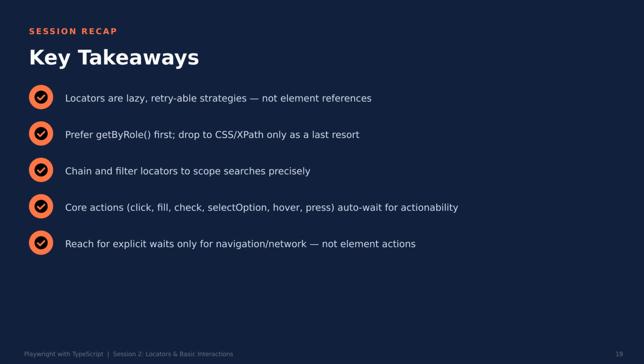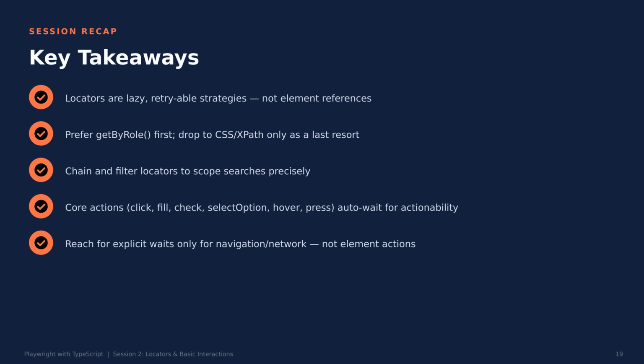Let's recap. 5 things. Locators are lazy, retry-able strategies. They are not references to elements sitting in memory. Prefer getByRole-first always and only drop down to CSS or XPath as a genuine last resort. Chain and filter locators to scope your searches precisely, rather than hoping a single broad locator gets it right.